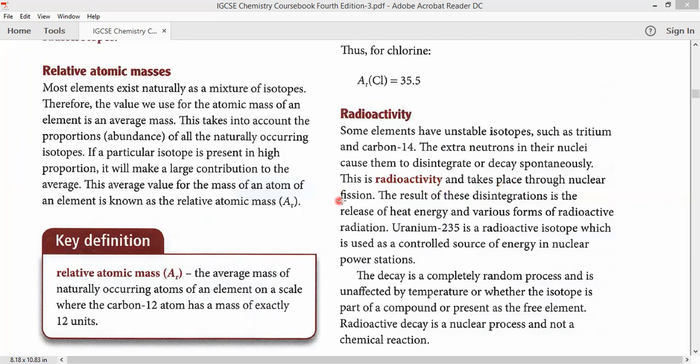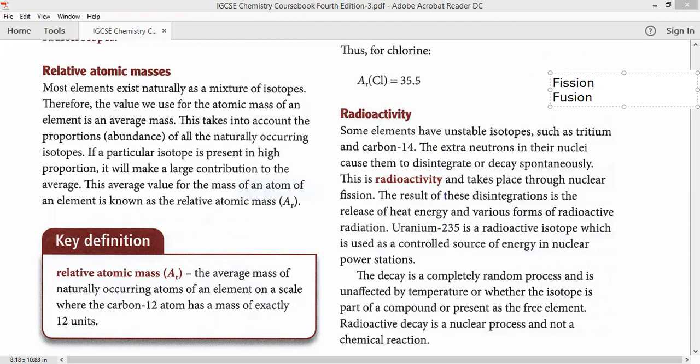This happens through nuclear fission. I hope by now you have studied physics last block, and that is nuclear physics, and that explains two nuclear reactions. One of them is fission, and one of them is fusion. I hope you're familiar that fission is the breakdown of a bigger particle into many smaller ones, and fusion is the combination of smaller particles to make a bigger one.